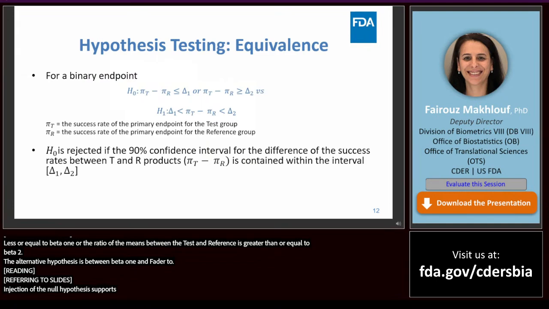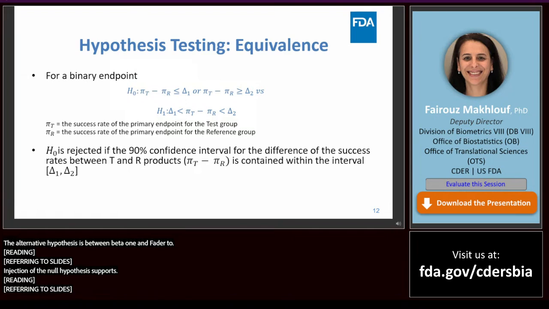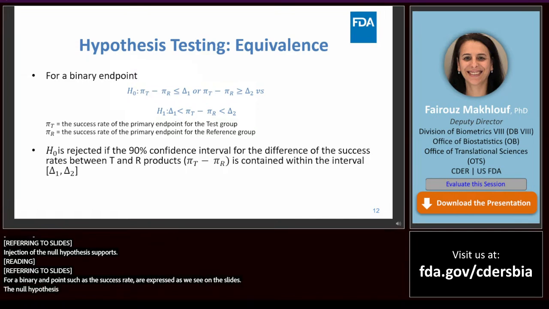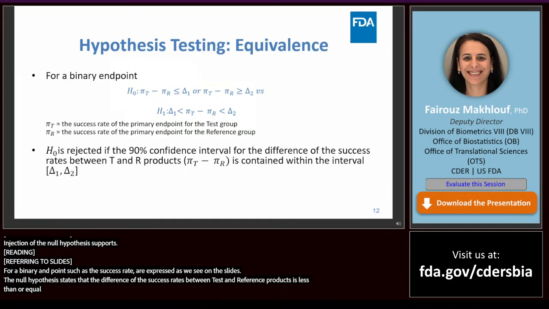For a binary endpoint, such as the success rate, the null and the alternative hypotheses are expressed as we see on the slide. The null hypothesis states that the difference of the success rates between test and reference product is less than or equal to delta 1, or the difference of the success rates between test and reference products is greater than or equal to delta 2.